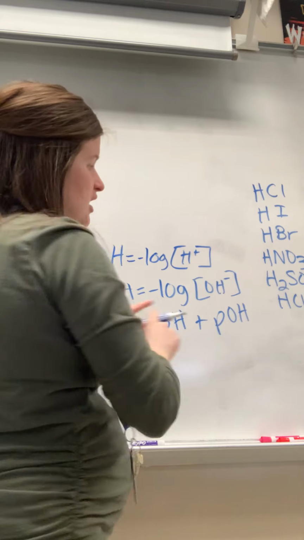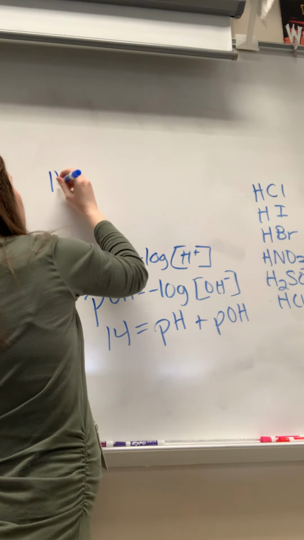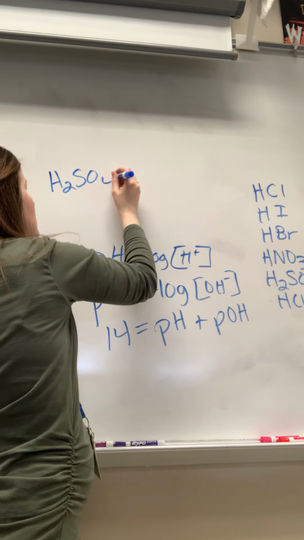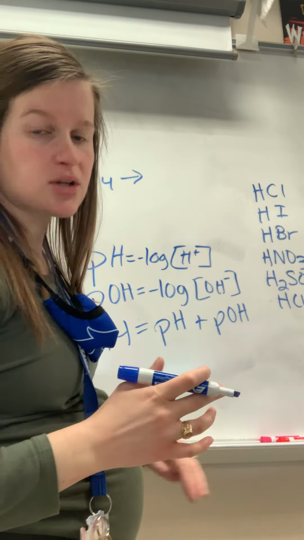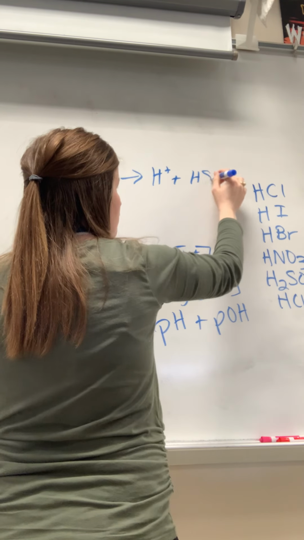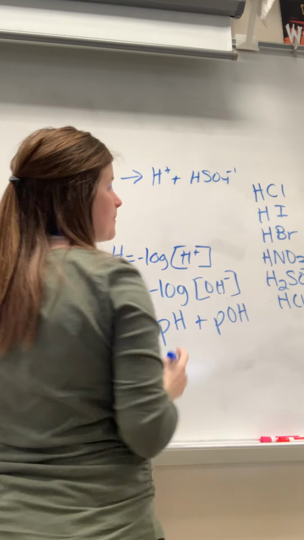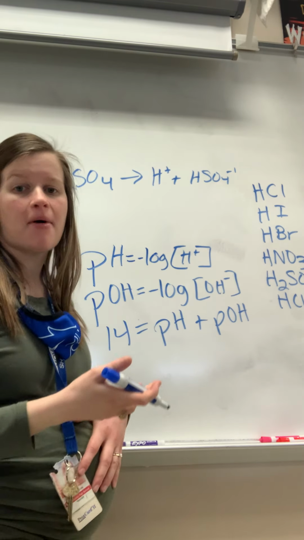So if I said I had 2 molars of sulfuric acid, then we have H2SO4. And this is where in AP we start to break it down, because it can actually dissociate twice. We can have H plus and HSO4 minus 1, which is what happens when the first hydrogen pops off.